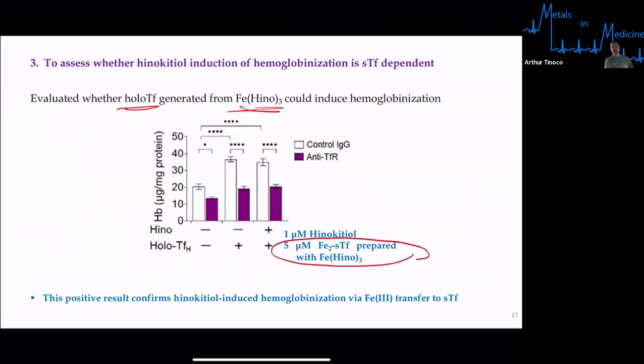When I say in situ, I mean you take transferrin, dose it with the molecule, and produce this complex. What they observed is the same trend: you have the same uptake of the iron, and that's leading to hemoglobinization. So clearly, the iron transferrin formed from this complex does not affect this process. It actually is enabling the hemoglobinization.